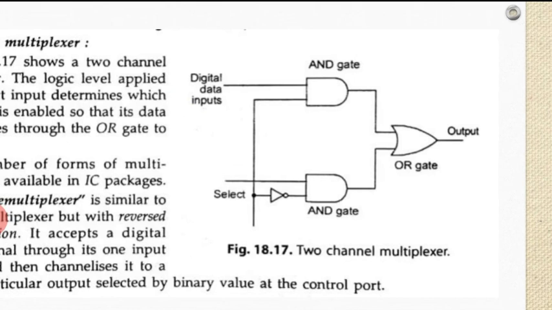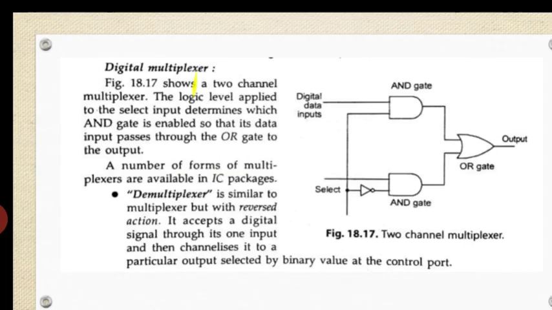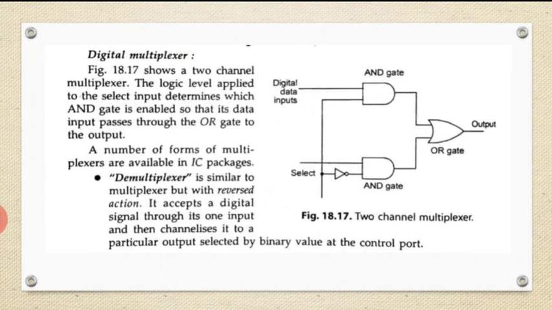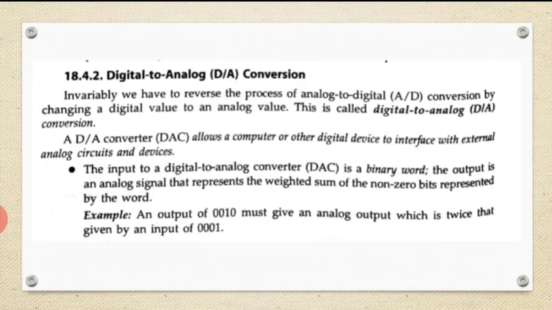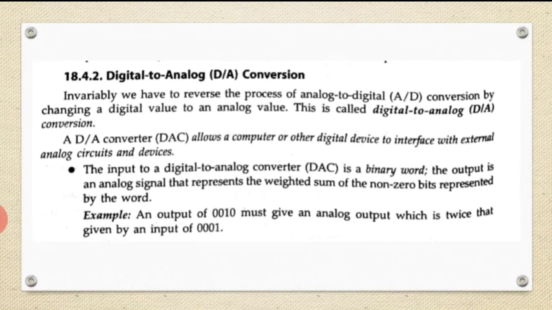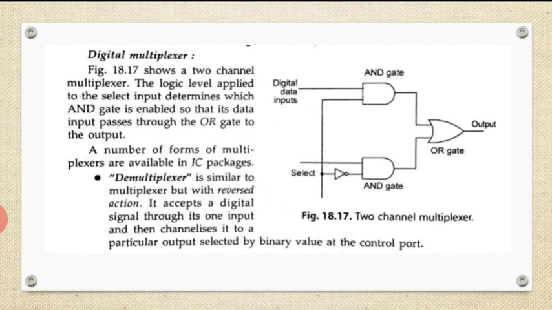The OR gate is nothing but, if any one input is high, then the output will be high, so you get the output high. Like that you have to analyze. So this is the information related to the digital multiplexer.